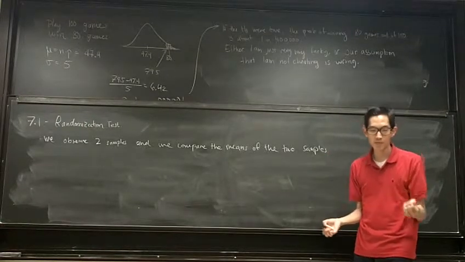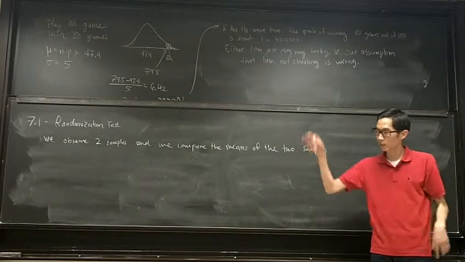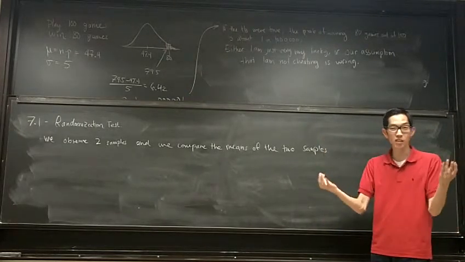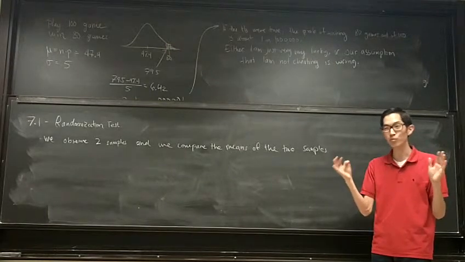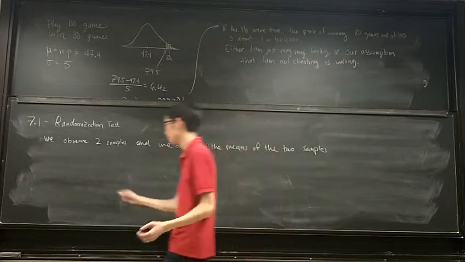Let's say I take 10 random men and I average their weight, and I take another group of 10 random men and I average their weight. It's very unlikely that I'm going to get the exact same mean weight for these 2 samples. So we're going to observe some kind of difference.